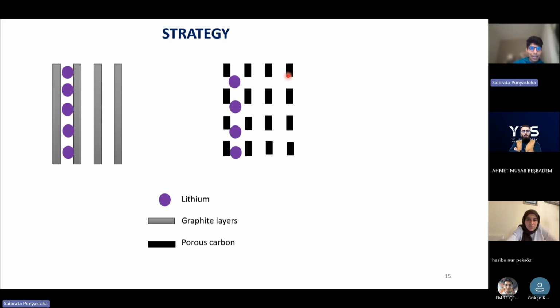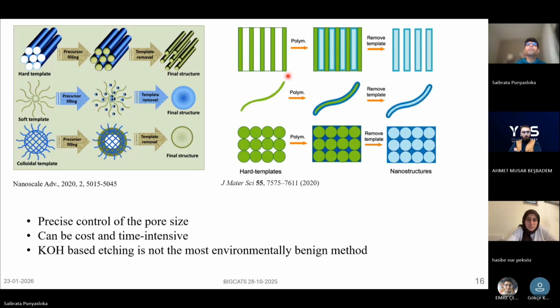Now for making such porous materials, generally template methods are used. But template methods are really difficult. I mean, it is time consuming and can be very costly, and also it is not very environmentally safe, because you use a lot of harsh chemicals like KOH, which is a very strong base.